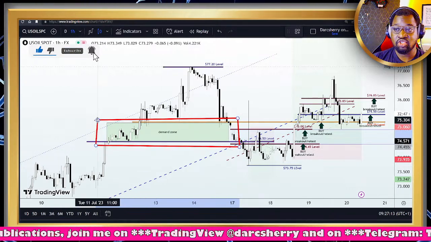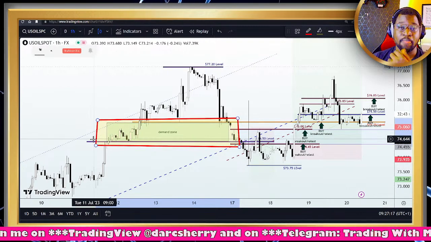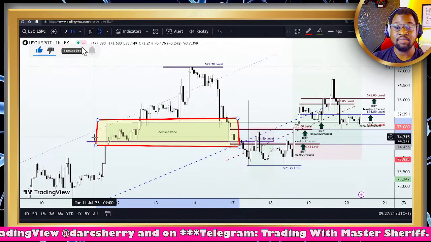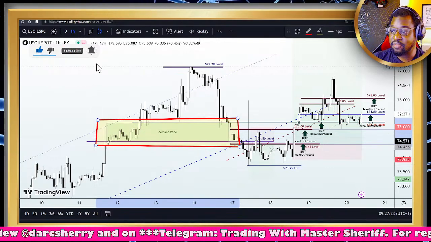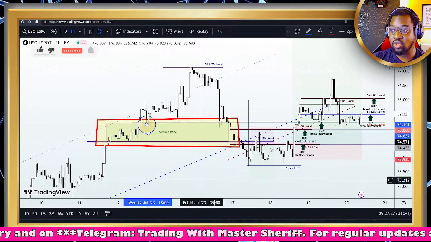Remember, this was a very strong demand zone throughout last week, as every attempt by the sellers to break through the structures was met with strong resistance from the buyers, and we indicated this at the beginning of the week, as we saw here.